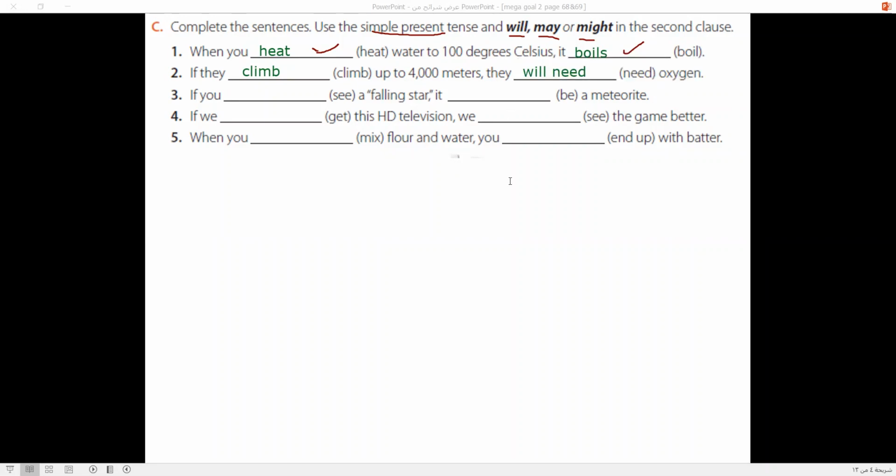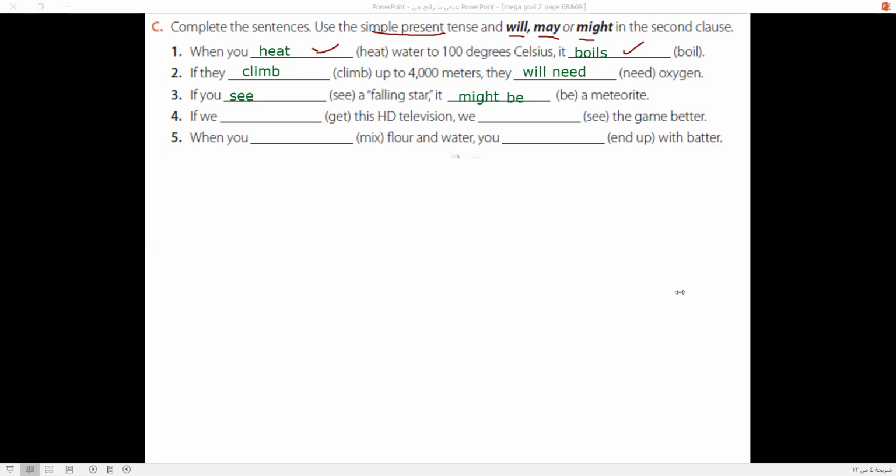Number 3, if you, yes, Juri, if you see. Yes, very good. If you see a falling star, it might be. Yes, very good. It might be or it may be. Let me write this. It might be a meteorite. Thank you so much.